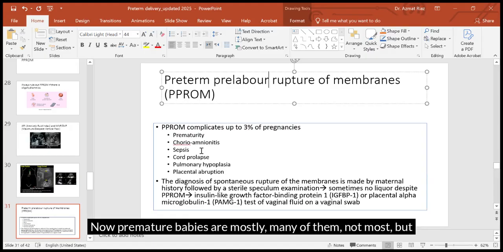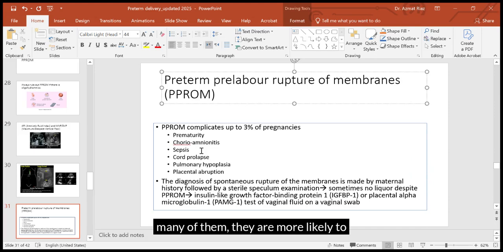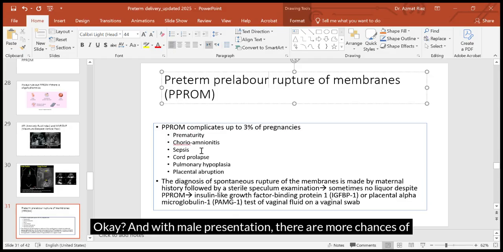Now, premature babies, many of them, not most, but many of them, are more likely to be in a breech or some other malpresentation. Okay, and with malpresentation, there are more chances of having a cord prolapse, especially with breech or transverse lie.